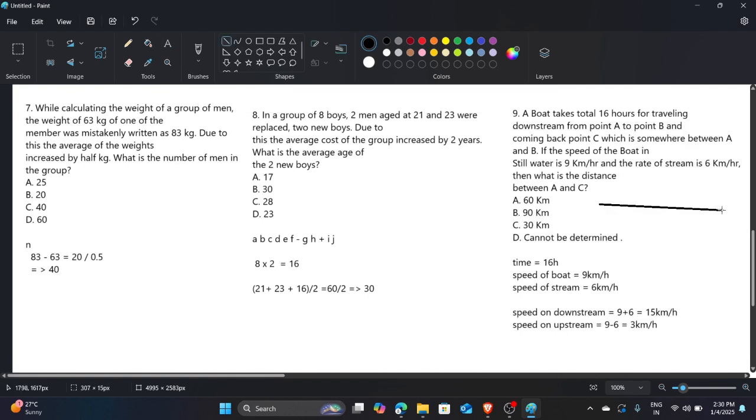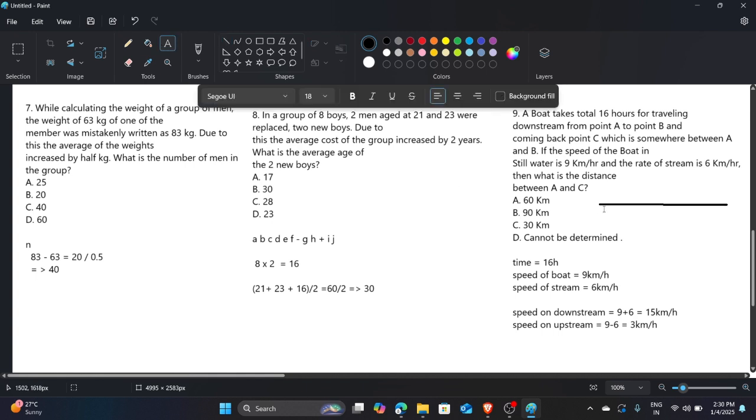Suppose this is the total distance. This is point A, and this is point B, and somewhere in between, this is point C. The total time we know is 16 hours.